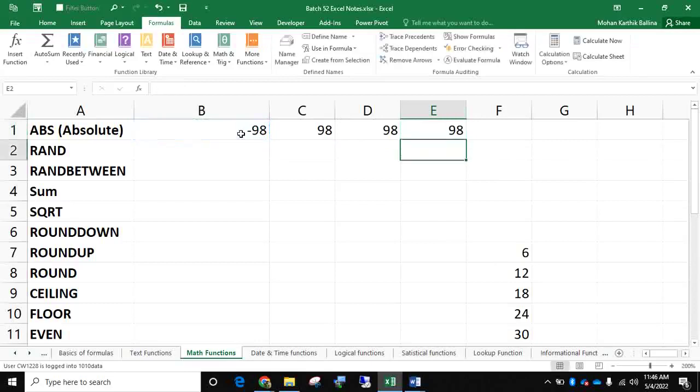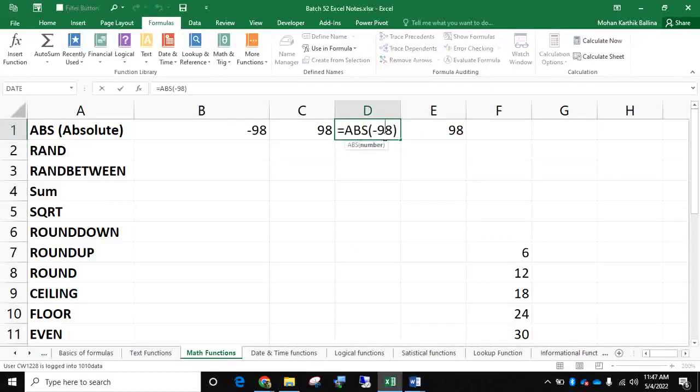What is the advantage of giving the value directly or giving the reference? Can anyone answer? It takes less time. Yeah, not in terms of time.